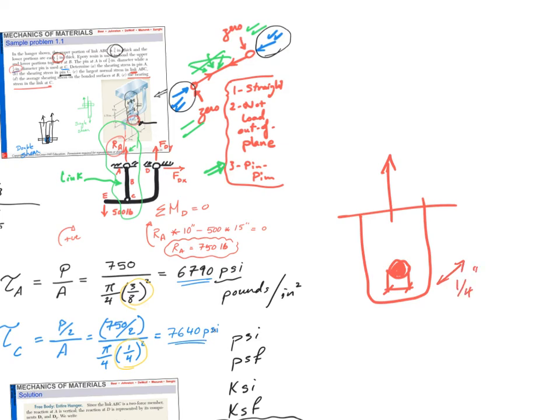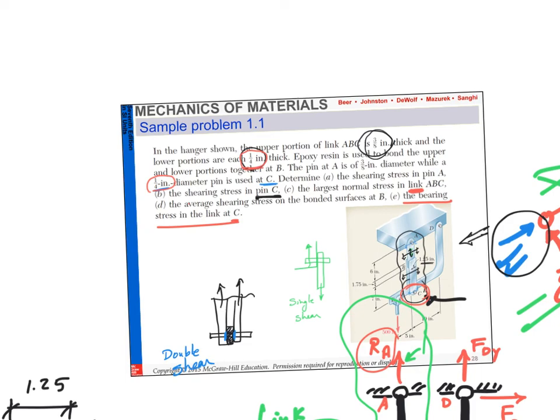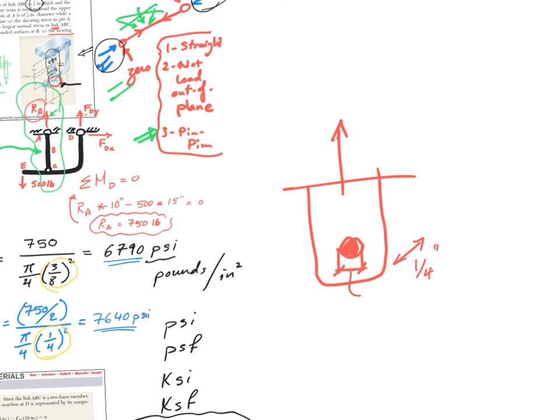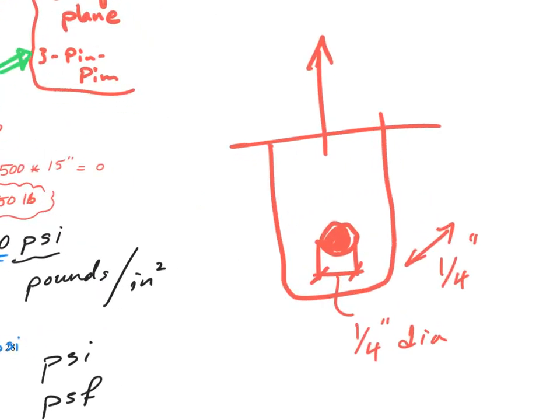In plane, what's the bolt at C? Also 1/4 inch. Okay? This here is 1/4 inch diameter. If I'm pulling on this and the bolt is pushing down, I will be cracking this area. This area of the steel. This here is seeing some bearing. How much is the bearing stress?